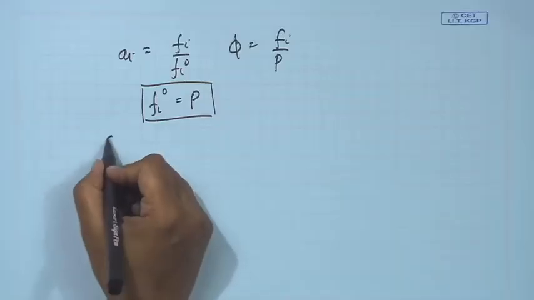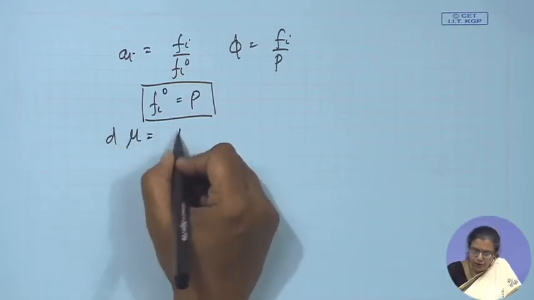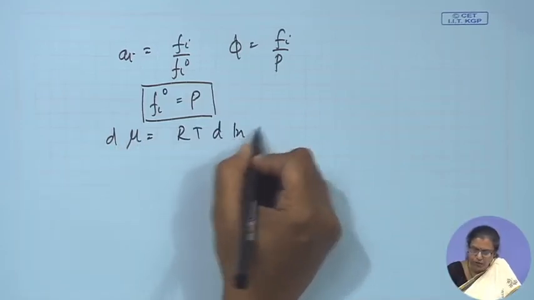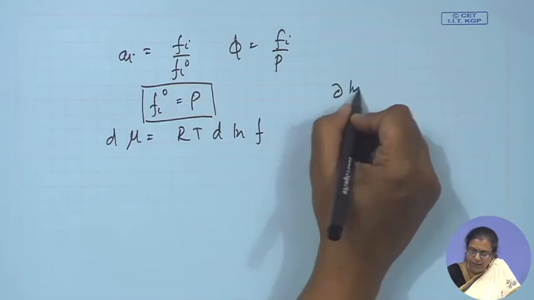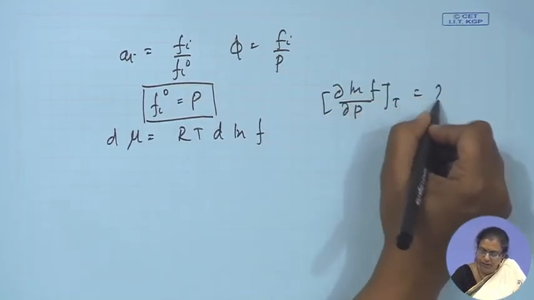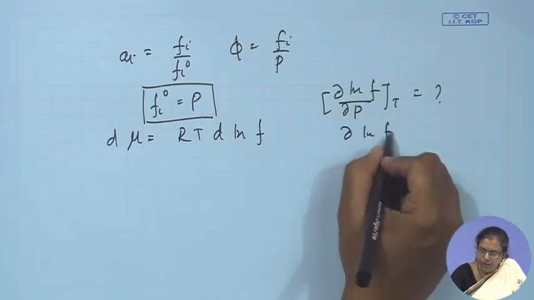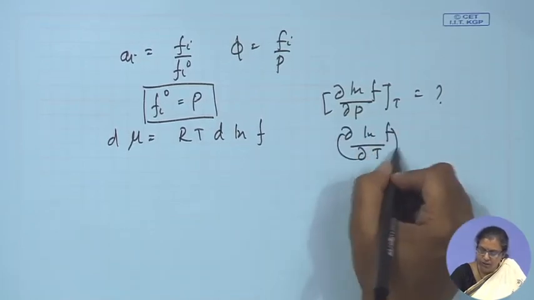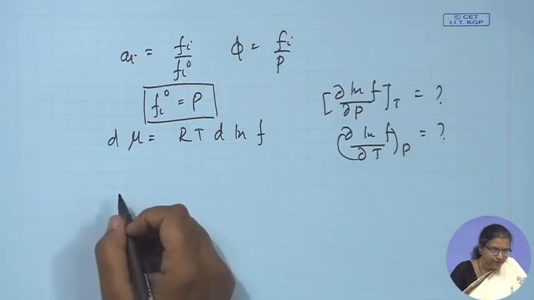So, whatever equations we had derived for the molar Gibbs free energy is applicable for the chemical potential, and using the relationship between chemical potential and fugacity, we should be in a position to find out how fugacity varies with pressure under constant temperature conditions and how fugacity varies with temperature under constant pressure conditions.